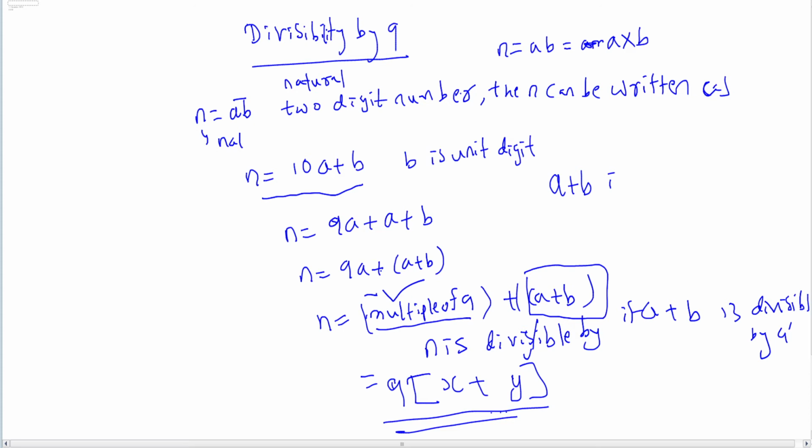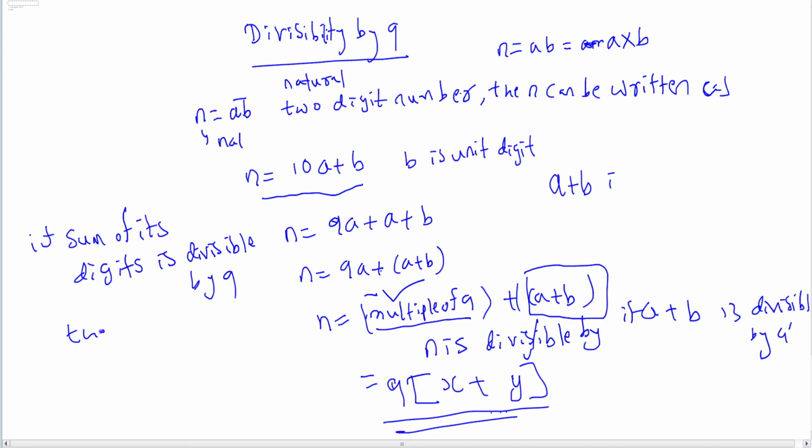Okay, try to understand what I'm telling. If the sum of its digits is divisible by 9, then the entire number will be divisible by 9.